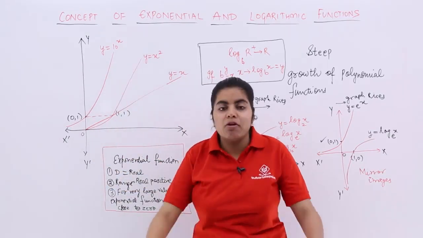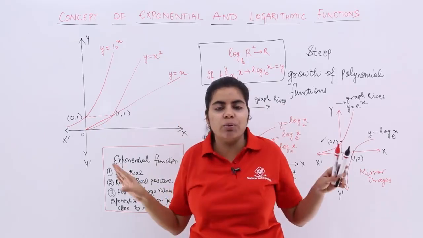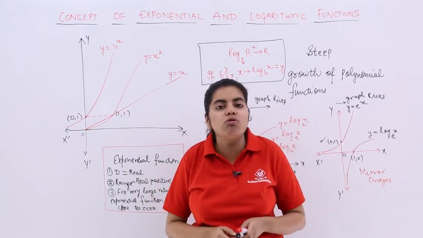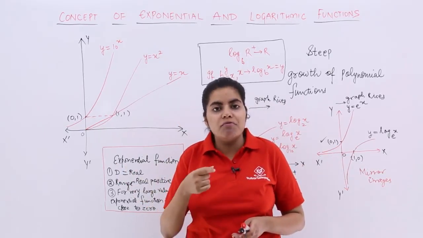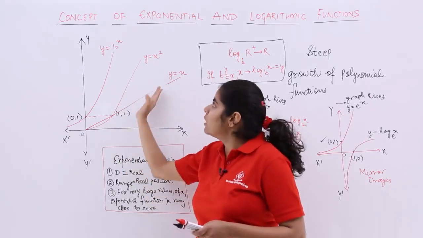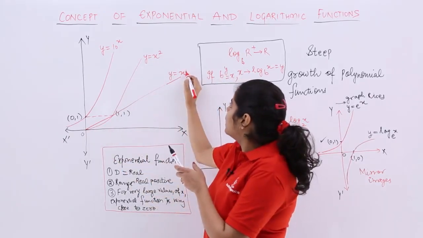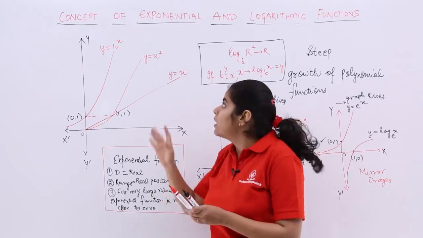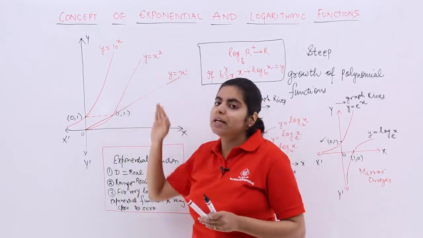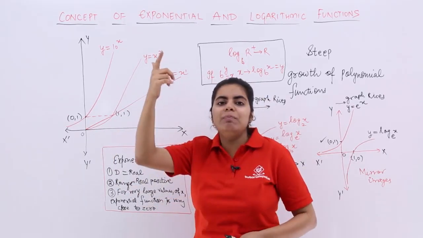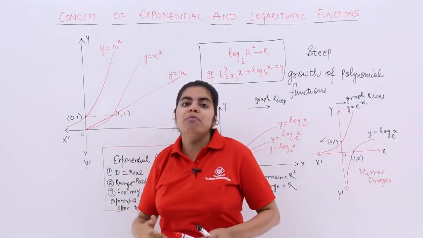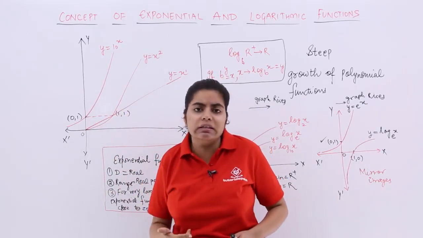That means y is equal to x, a linear function, no issues with it. We know how to draw it and how to study about it. Y is equal to x square, we observed when the power was 1, the graph was less steep. When the power became 2, the graph became more steep. Had the power been 3, the graph would have been more steeper in turn.